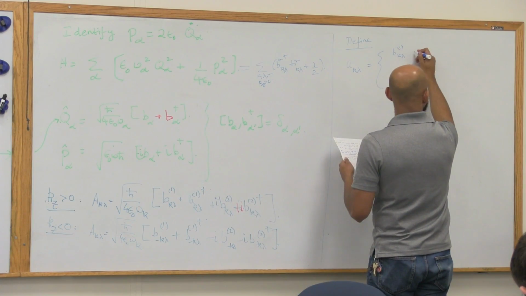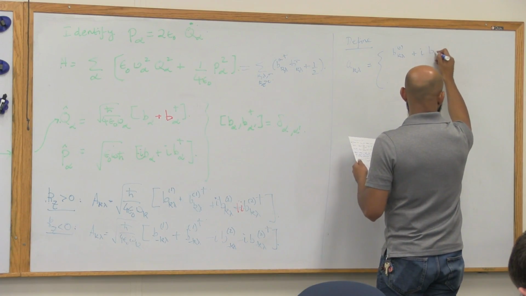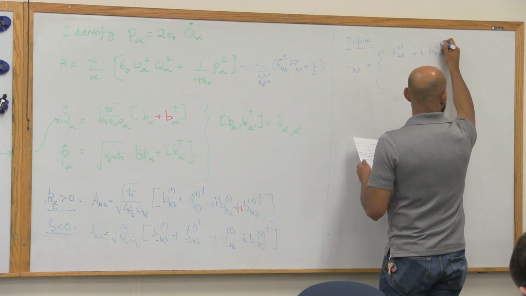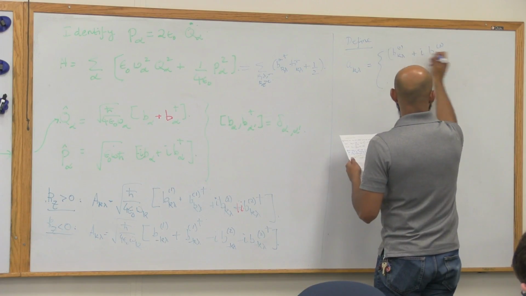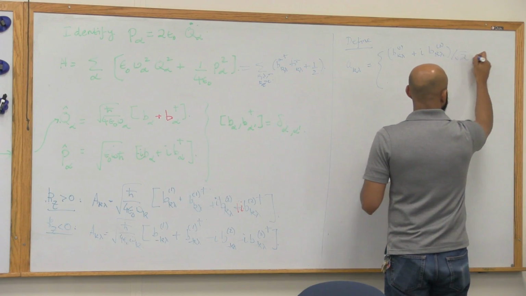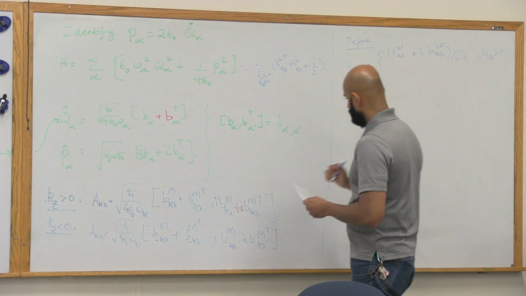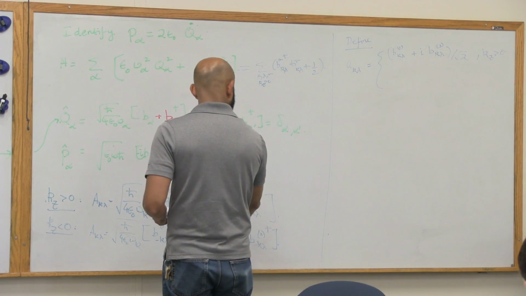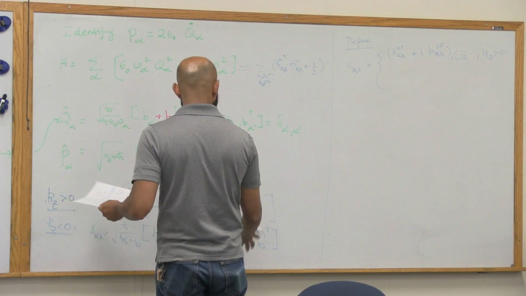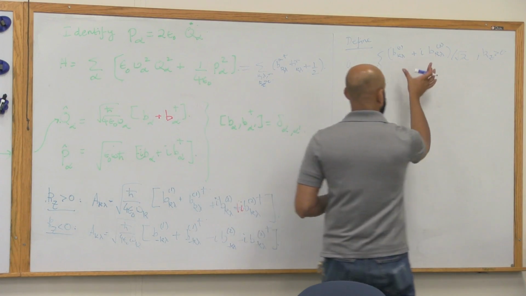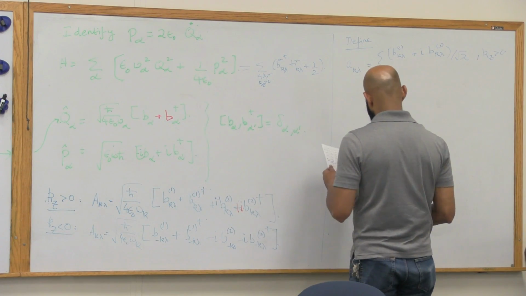So here's the definition. Clearly it's just a rotation into a new basis, or a new operator rather. For kz greater than 0, I'm going to take b_k lambda 1 plus i b_k lambda 2, divided by square root of 2, and call that a new operator a_k lambda.